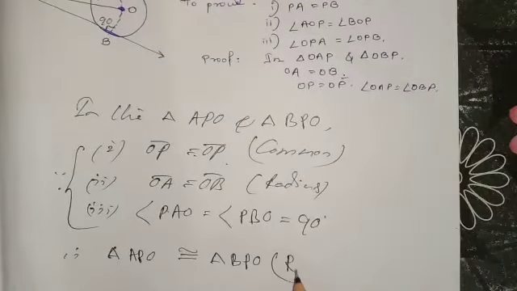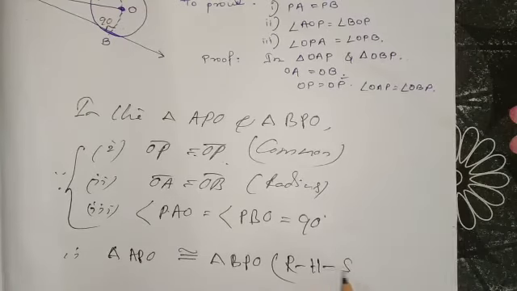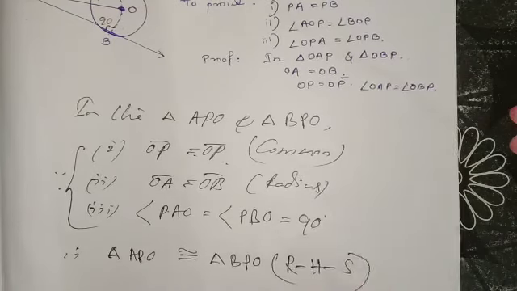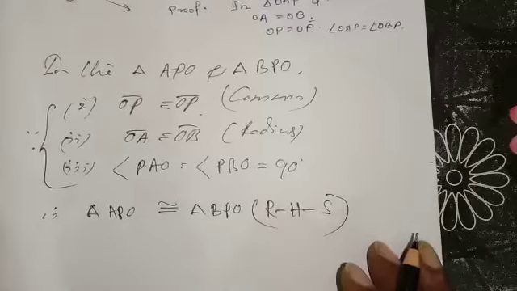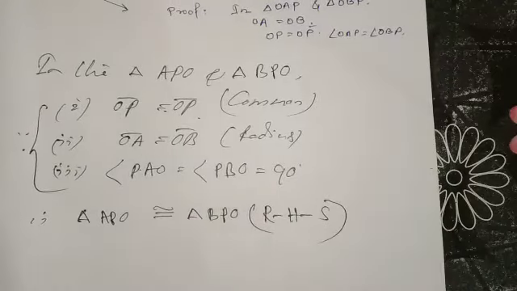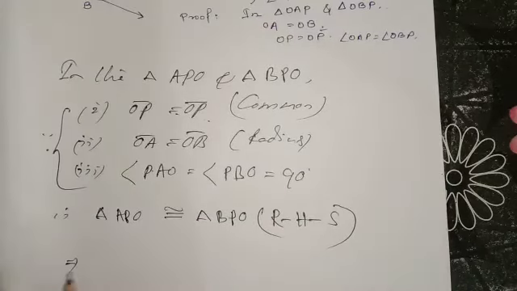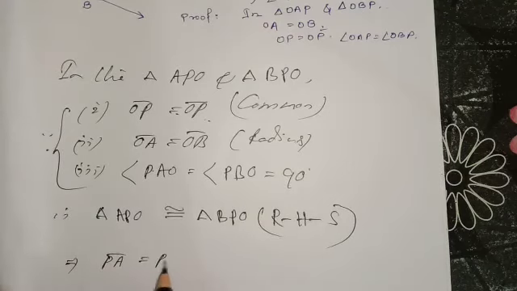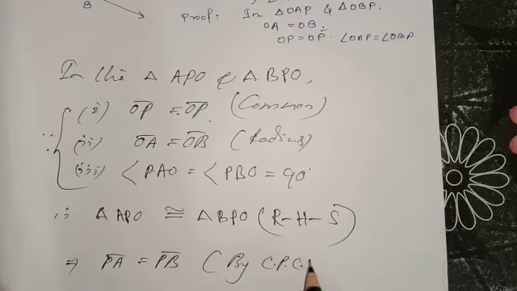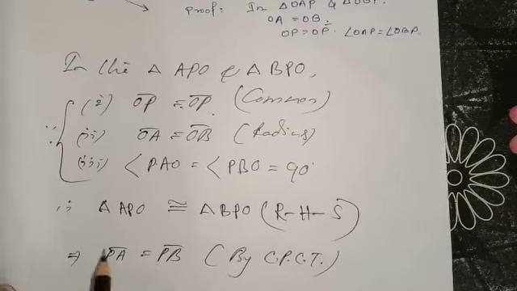Right angle hypotenuse side, RHS. By the theorem RHS, both triangles are congruent. After congruence, you can write this implies PA is equal to PB by CPCT, the congruency property of congruent triangles. And this is the theorem we have to prove.